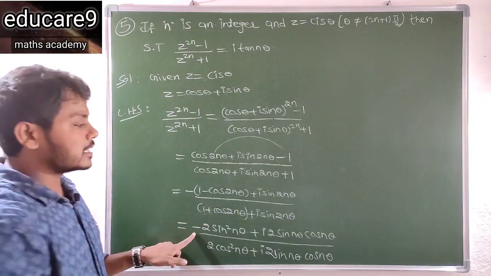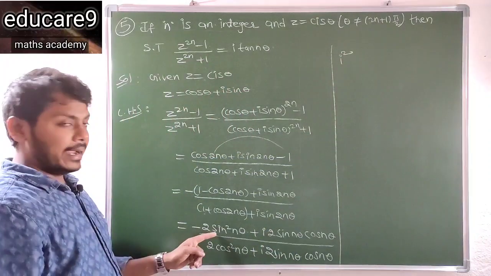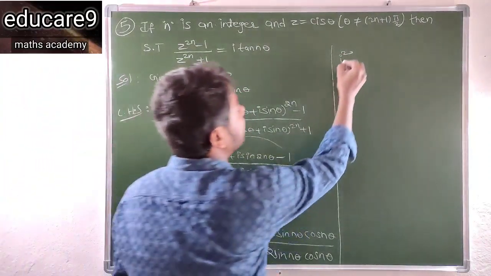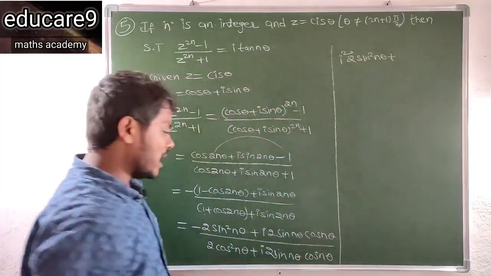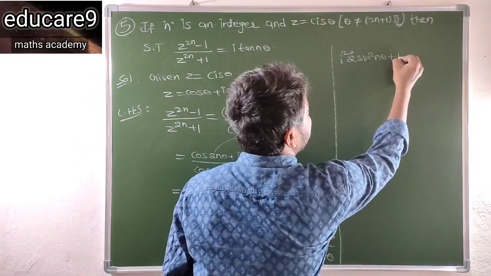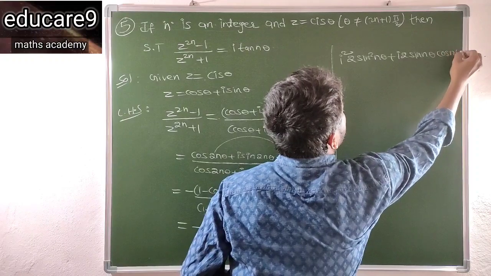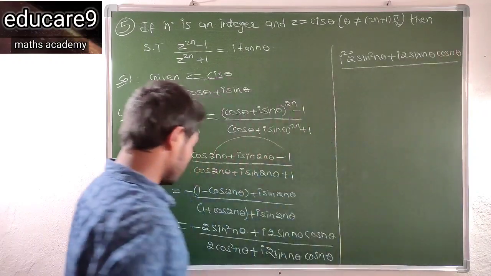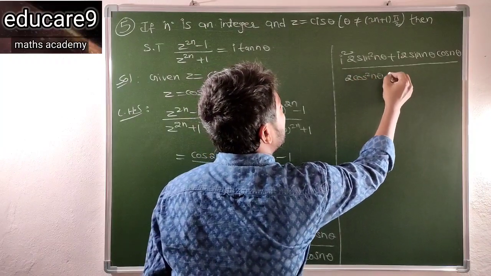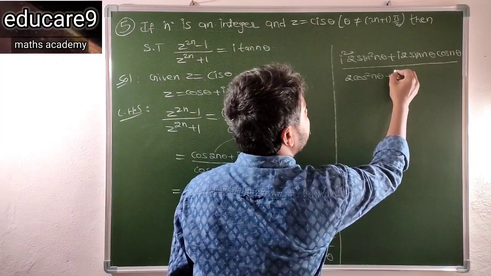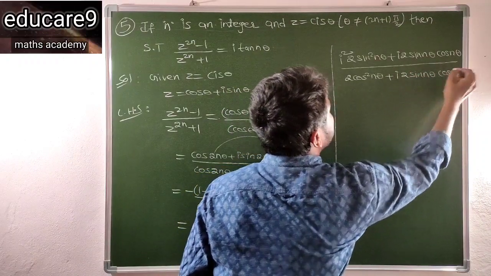So here this minus can be written as i square, and 2 sin square n theta plus this one i into 2 sin n theta cos n theta. So divide by this one, 2 cos square n theta plus i into 2 sin n theta cos n theta.